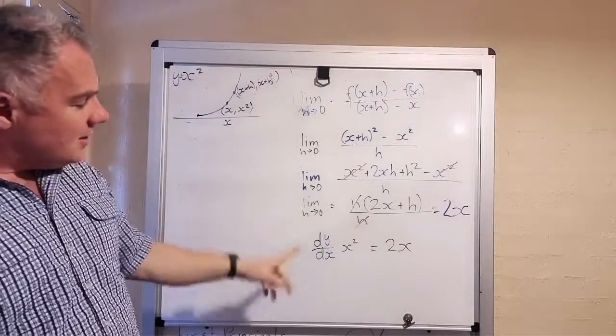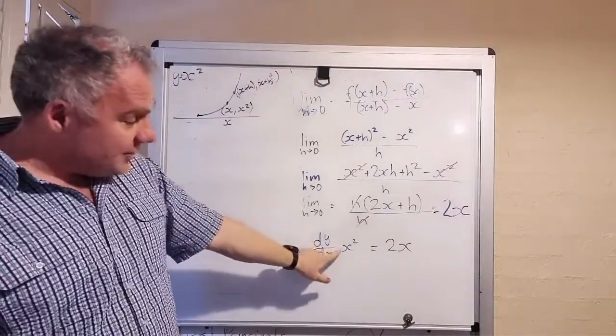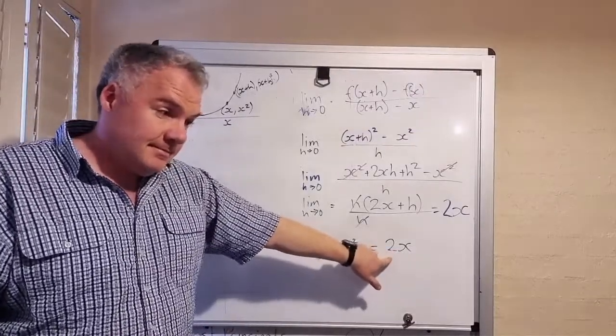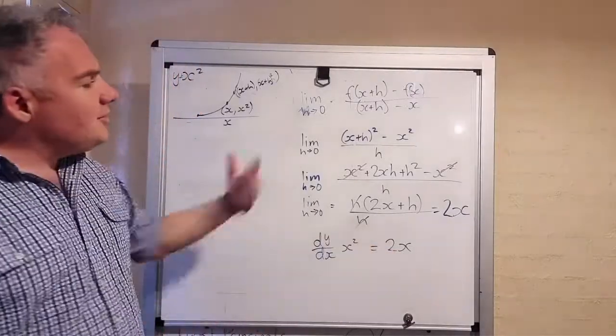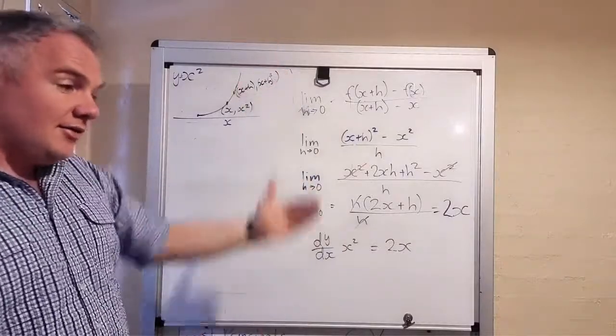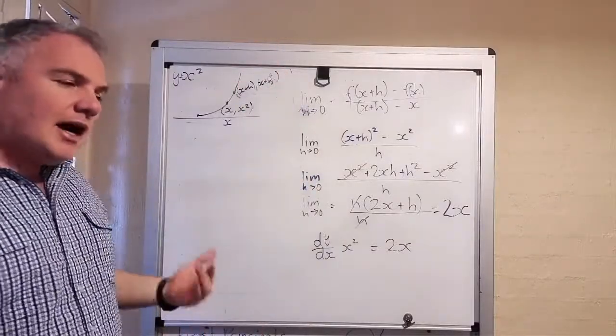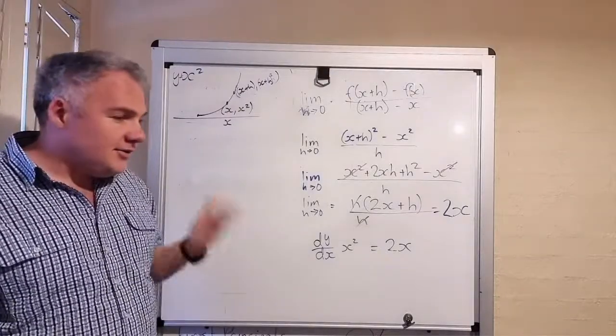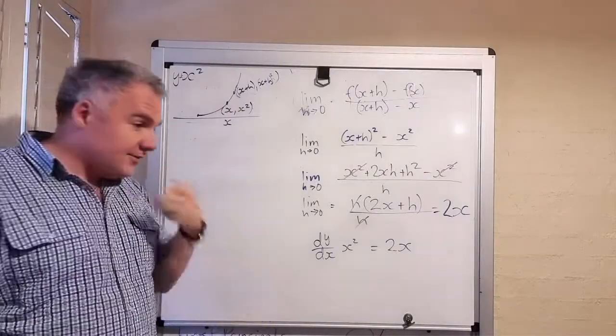Okay? This says of x squared. And I'm saying that's 2x. Okay? Now, because I've worked this out with x and not numbers, it's a little bit harder, but it also means it'll work with any value you choose to chuck in for x.